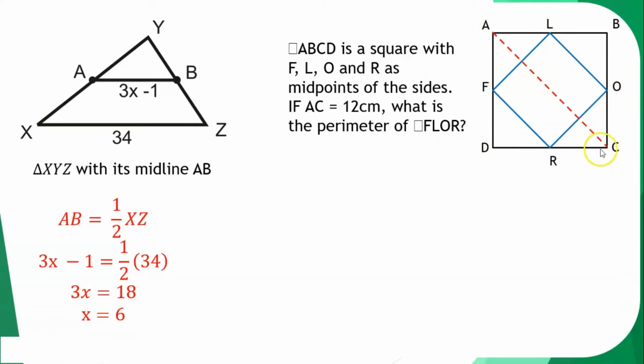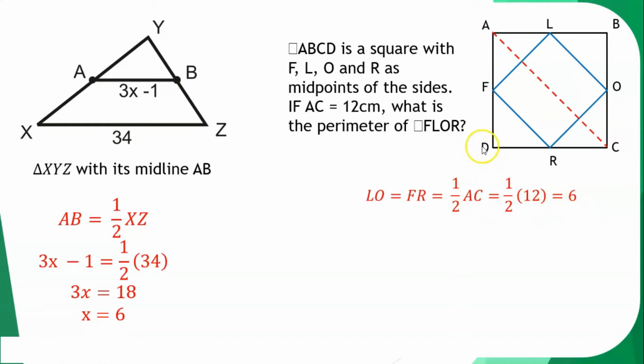This diagonal here divides the square into two congruent triangles. So in triangle ABC, LO is a midline or mid-segment of this triangle, and FR is also a mid-segment of triangle ADC. With this, LO is congruent to FR. That would be 1/2 of AC, or half of 12, so therefore it's 6.